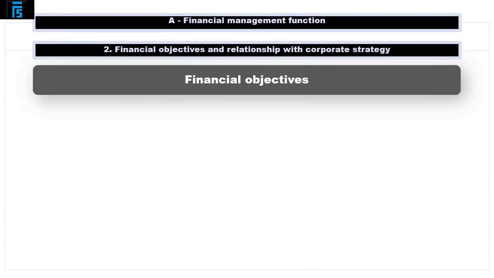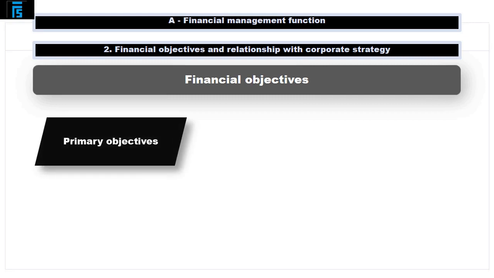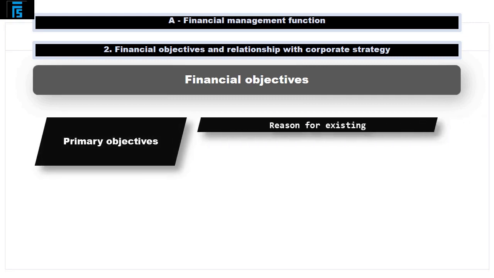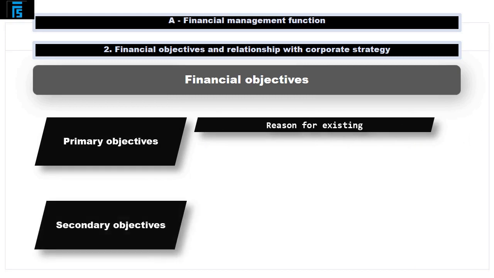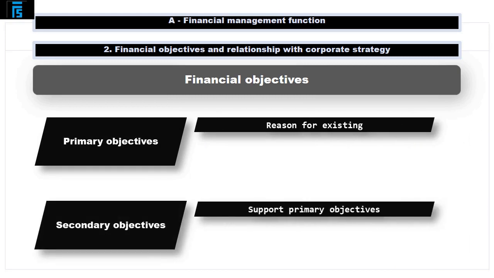Financial objectives. Firms will usually have a number of objectives, and these are often characterized as primary objectives, the reason for existing, and secondary objectives, the actions which promote the achievement of the primary objectives.